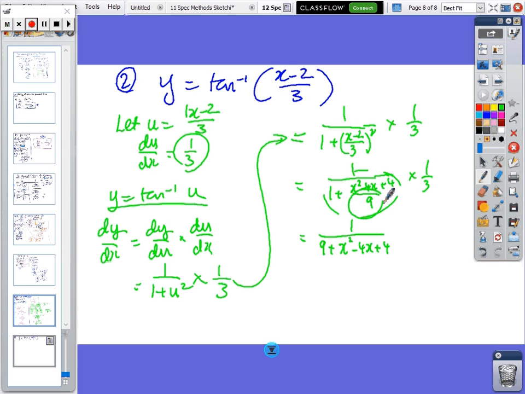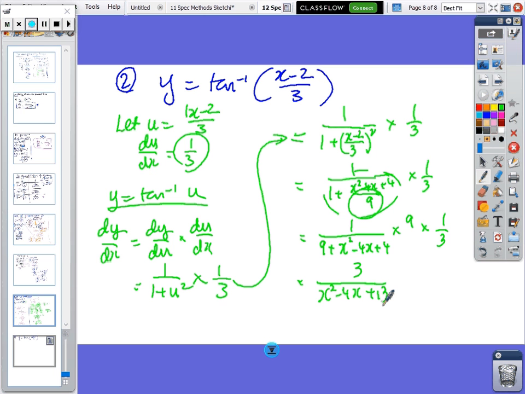Now that divide 9 will come up to the top, and we've still got times a third, and finally 3 into 9 goes 3 times, and then x squared minus 4x plus 13. So I think that method might be better.